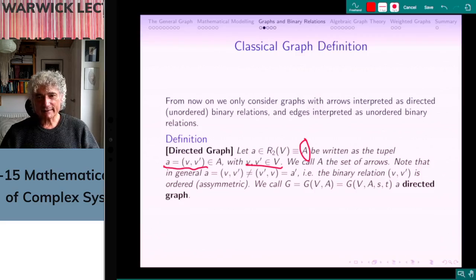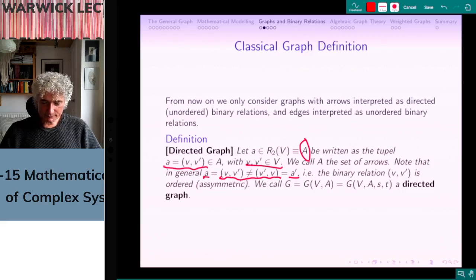We call A the set of arrows, of course, and then we observe that it's not true in general that this set of binary relations is ordered, sorry, unordered. So we don't necessarily have that the tuple V, V prime is equal to the tuple V prime, V. In general they are not equal, and so this would really create two different arrows A and A prime.